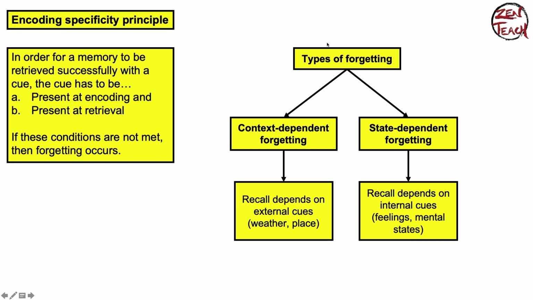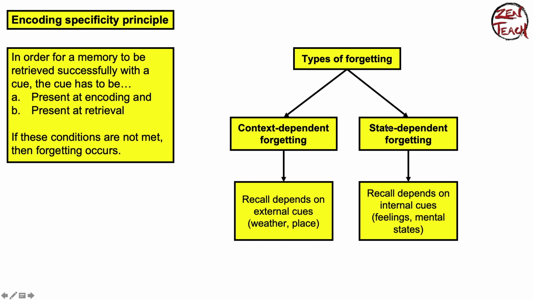A short overview. There are two types of forgetting: context-dependent forgetting and state-dependent forgetting. Context-dependent forgetting refers to external cues like the weather, the place, a picture on the wall, something that was present during encoding when you were learning something, that helps you remember the information that you had learned in the first place.